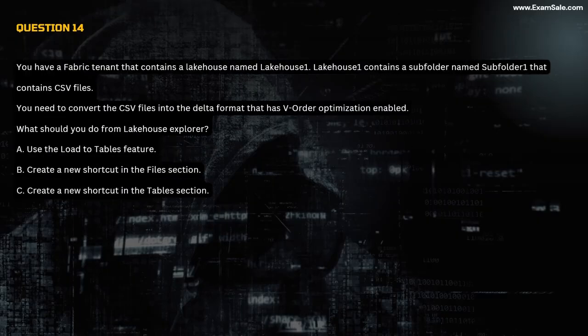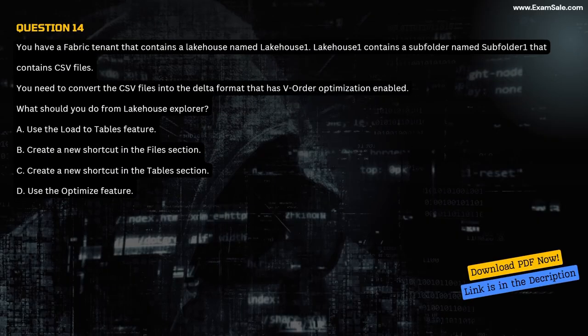Question 14. You have a Fabric tenant that contains a lakehouse named Lakehouse 1. Lakehouse 1 contains a subfolder named Subfolder 1 that contains CSV files. You need to convert the CSV files into the Delta format that has vOrder optimization enabled. What should you do from Lakehouse Explorer? A. Use the Load to Tables feature.